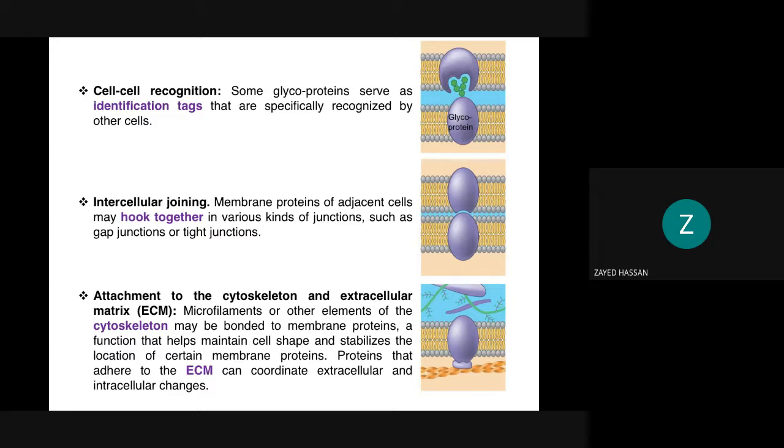Then it also attaches, or you can say adheres, to the extracellular matrices which are outside of the cell, and usually this helps with coordinating whatever is extracellular, or any intracellular changes inside the cell. Okay, thank you very much.